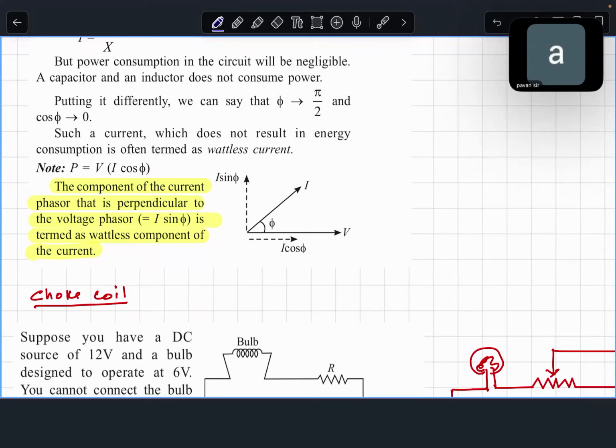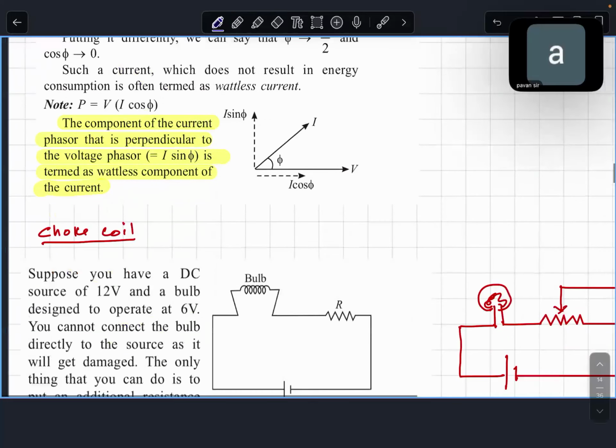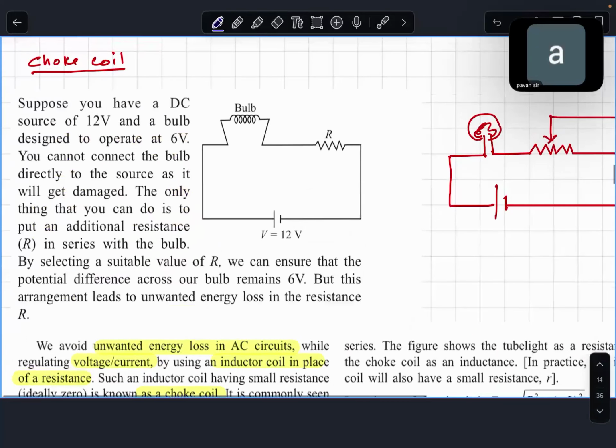So in a DC circuit, if you wish to change the magnitude of the current, what you will normally do is change the resistance of the circuit by a device called a rheostat. But it is basically a resistance-based device which involves loss of energy. Suppose you have a DC source of 12 volts and a bulb designed to operate at 6 volts.